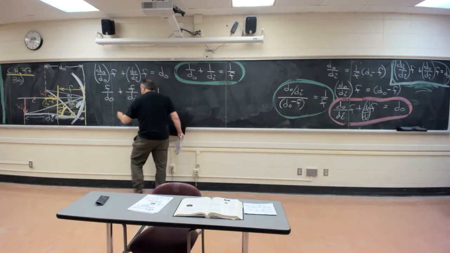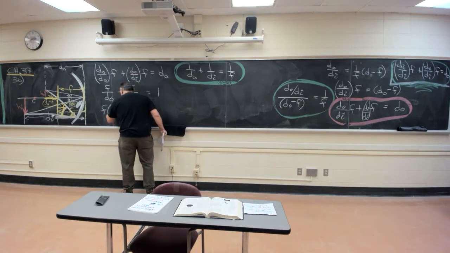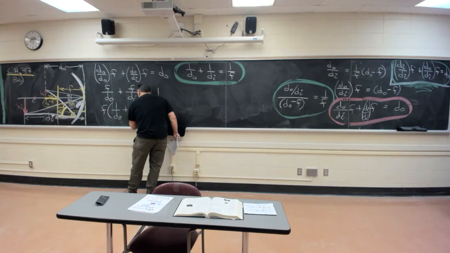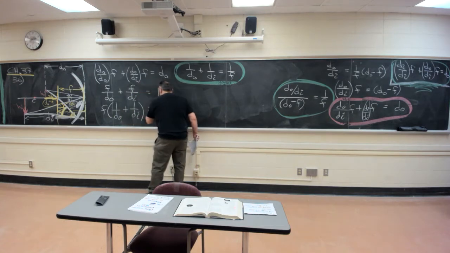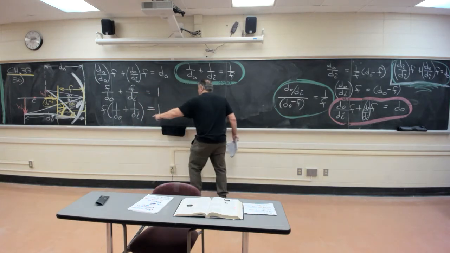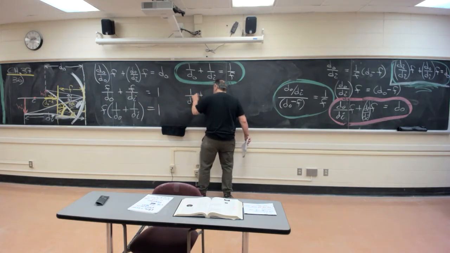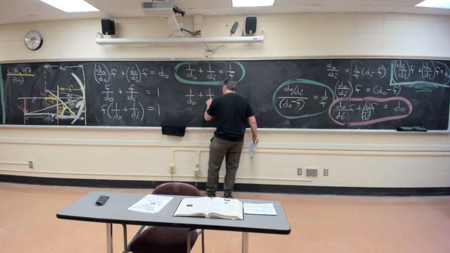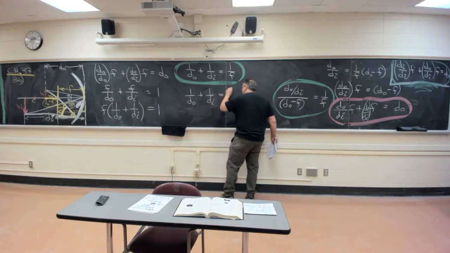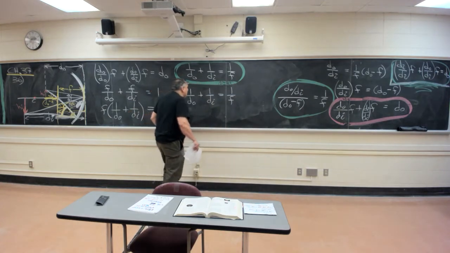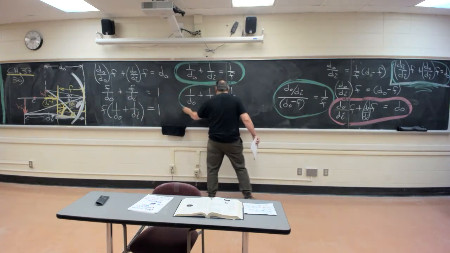Why don't you factor an F out of here? Why don't you divide by F on each side? Again, this is not the only way to go about this. If you believe the assumptions that we're making, it works. And there it is. You're done.